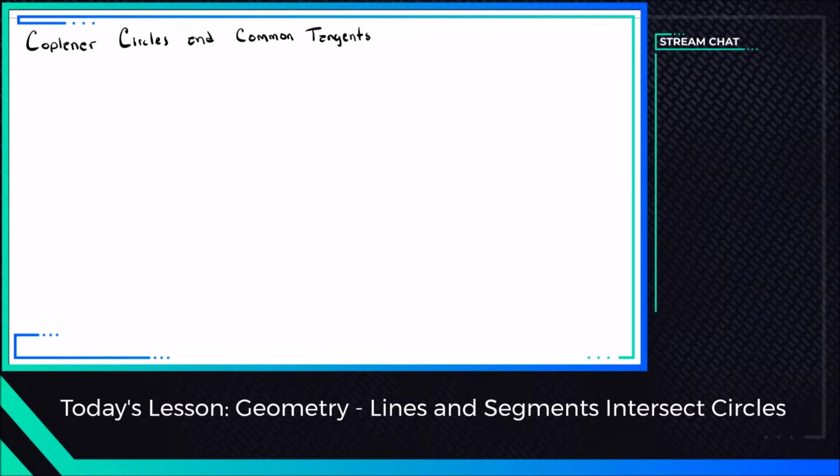Circles can intersect pretty strangely. So let's first take a look at the different types of ways circles can intersect.